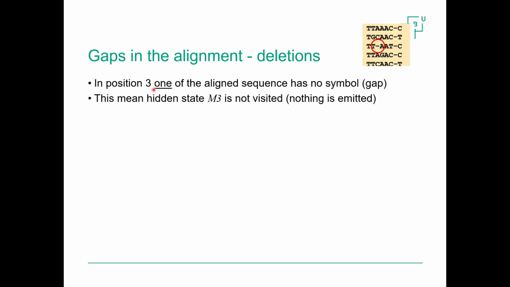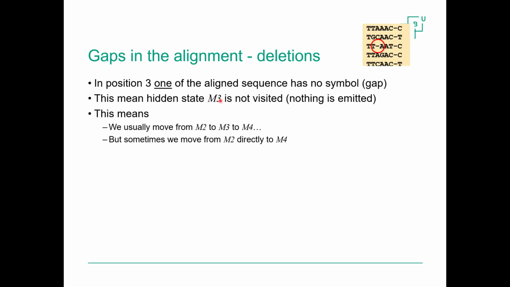How can we describe this? And this actually means that this position M3 is not visited when you produce this sequence here, because it doesn't emit a symbol here. Each time you visit M3, you emit something, right? According to the emission probabilities.